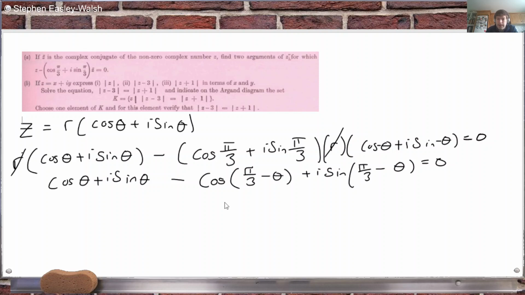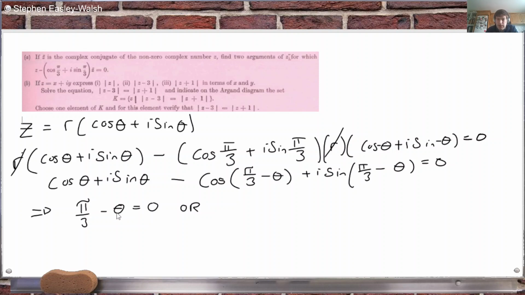Yeah, so that means the only way that this can cancel out is if pi over 3 minus theta equals 0, or I guess it could equal 2 pi as well. Oops.